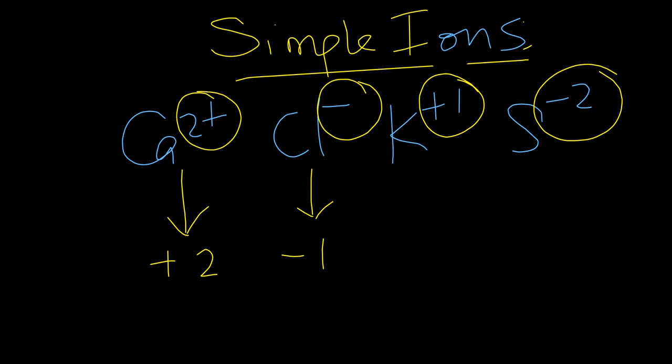For potassium ion, its oxidation number will be positive 1. For sulfur ion, its oxidation number is minus 2. So the takeaway point is this: for all simple ions, their oxidation numbers will always be the charge on them. Simple as that.